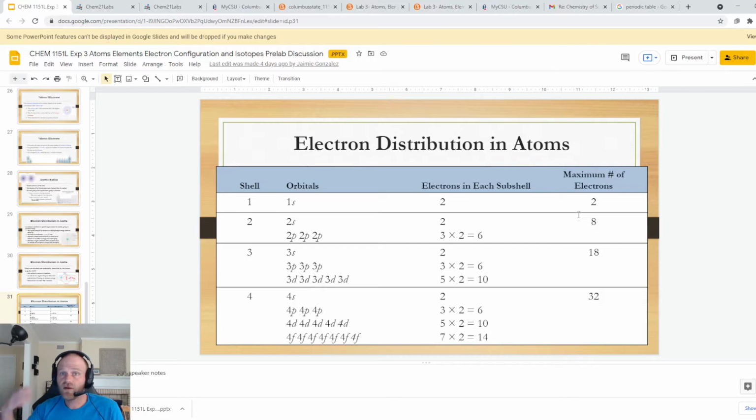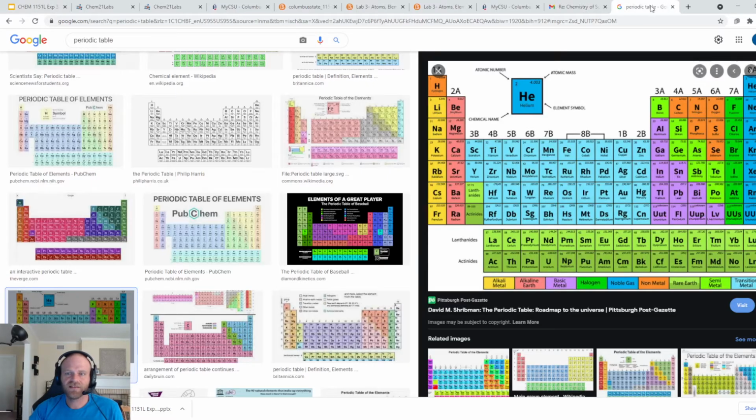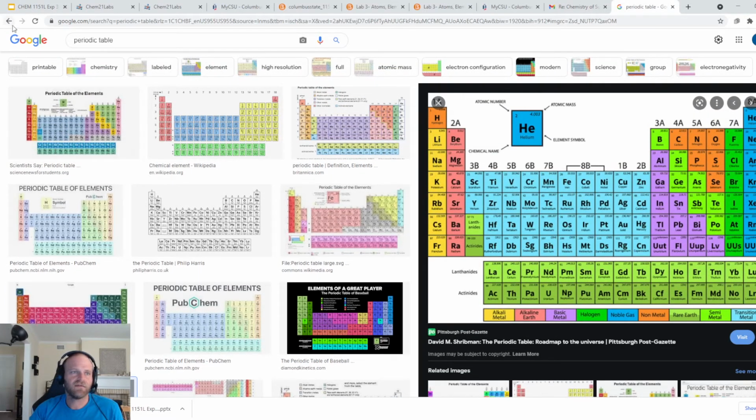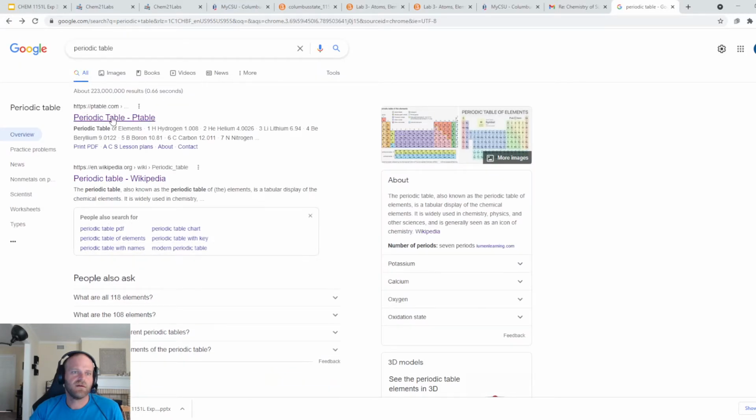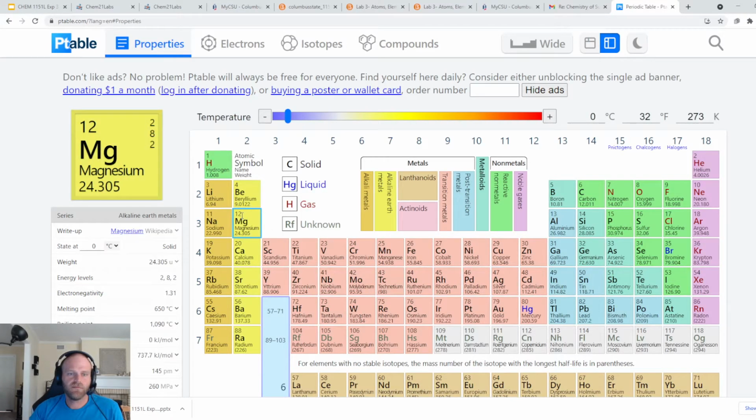Okay, so S, P, D, F. Each orbital can hold a maximum number of electrons, and that's why I was saying each section of the periodic table is designed the way it is. Let me go back to my first periodic table. The periodic table is designed to represent these different sections, right? So all of these in groups 1 and 2 are in the S block.